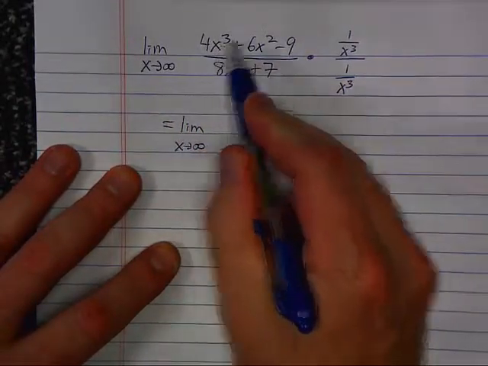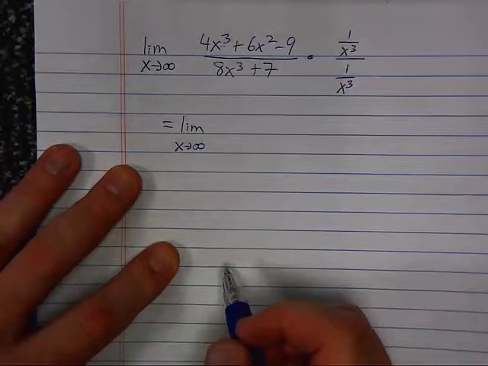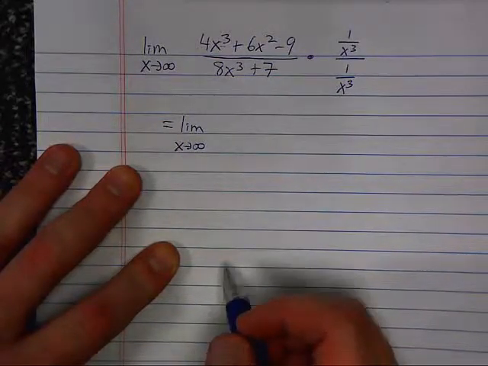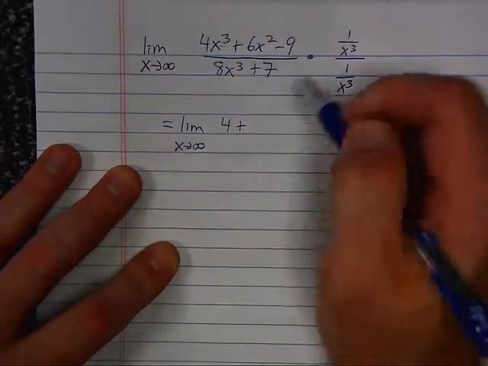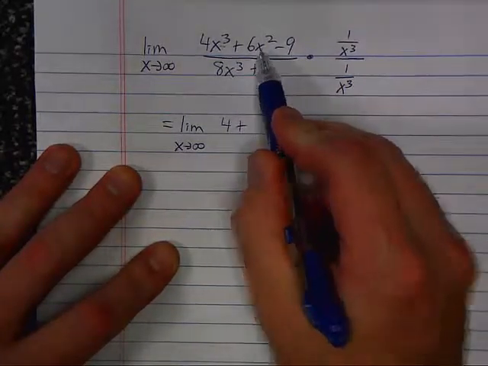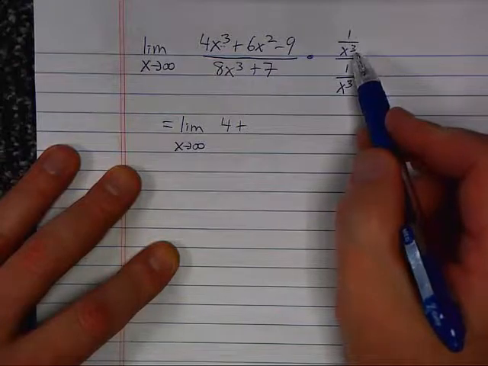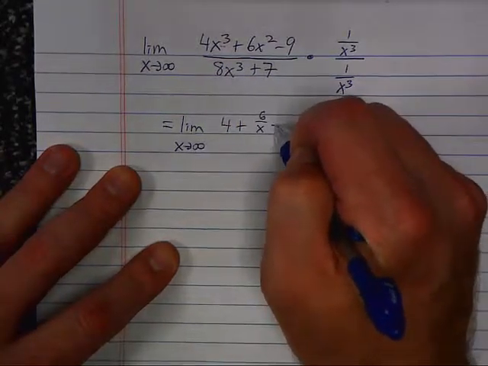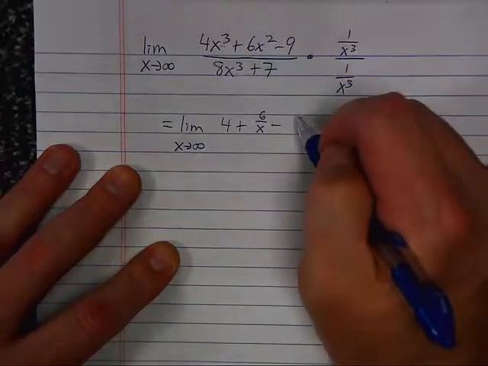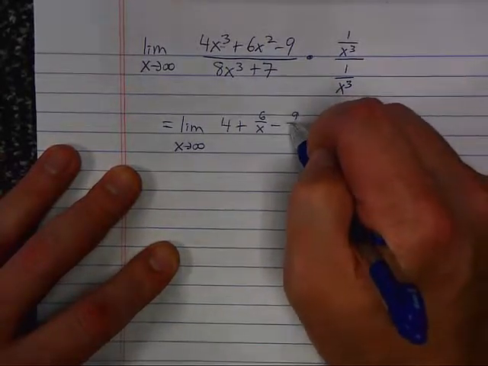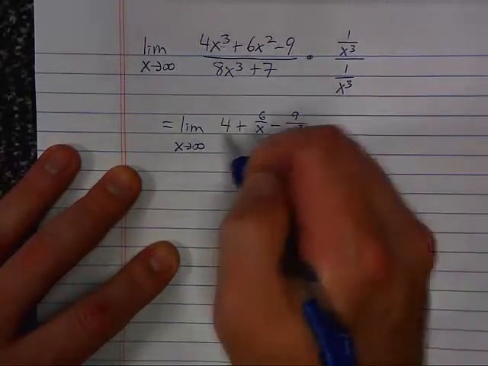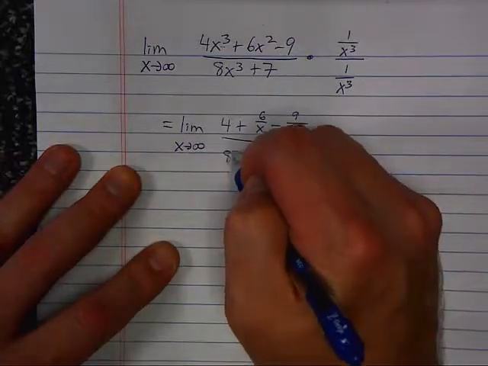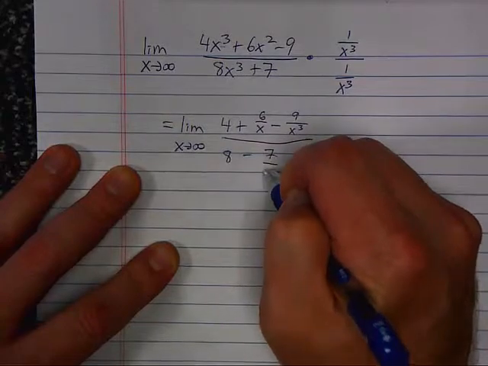What's 4x cubed times 1 over x cubed? 4. Plus, what's 6x squared times 1 over x cubed? 6 divided by x. Minus, what's 9 times 1 over x cubed? 9 over x cubed. Divided by, on bottom, we have 8 minus 7 over x cubed.